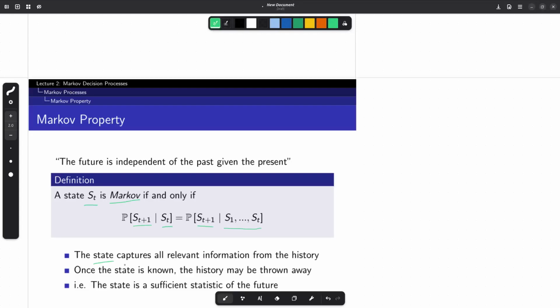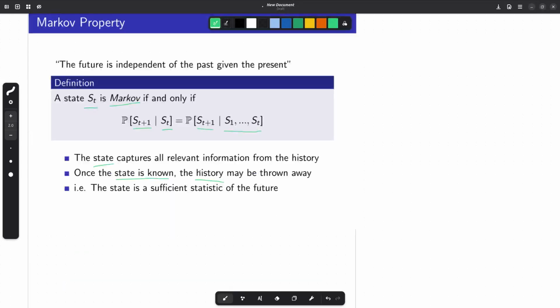Again, if you have the current state, you wouldn't need all of the history that you have seen. Once the state is known, the history may be thrown away. The state is a sufficient statistic of the future.